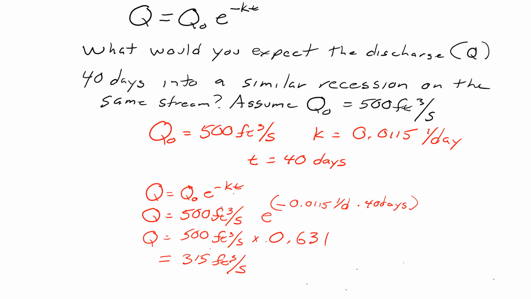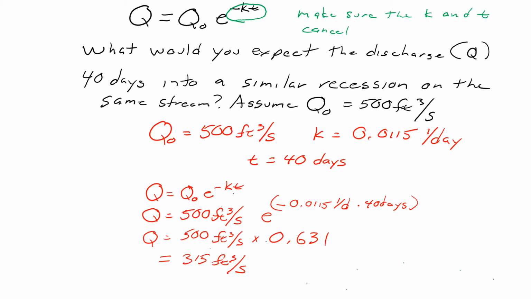Now, one thing that didn't come up with this example that you should really pay attention to in future examples: this term right here, negative KT. Make sure the K and T cancel out in terms of units.